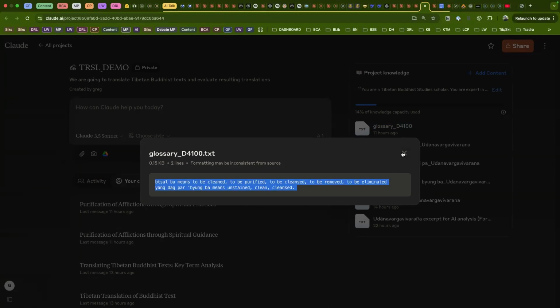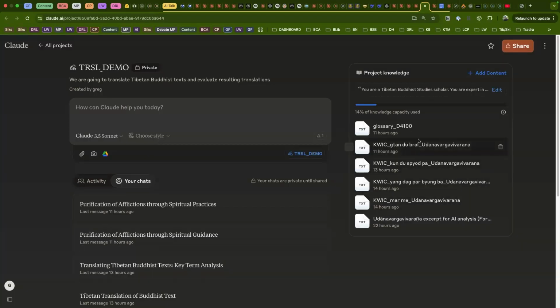It's there to be considered, not necessarily to be followed. And for all these technical terms, I have these keyword in context tables, with 500 words on both sides of the key term, which gives the model context to understand that this is the way this metaphor is used in this text, and the way this technical term is used in this text, and so on and so forth.